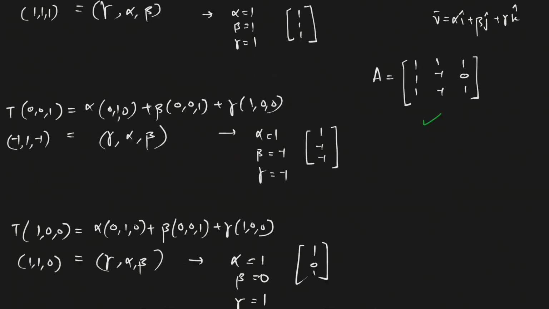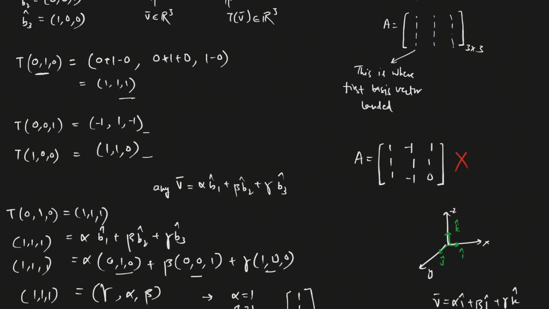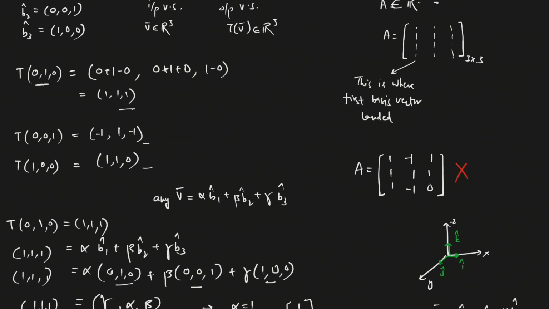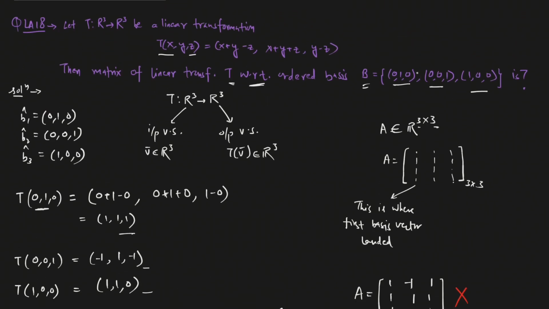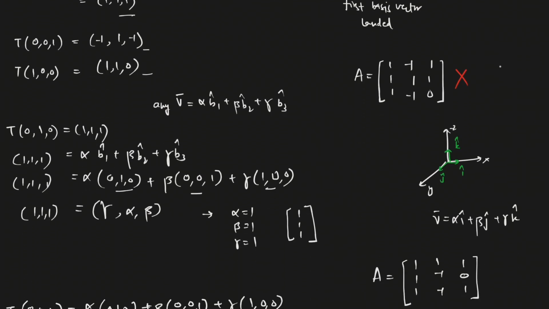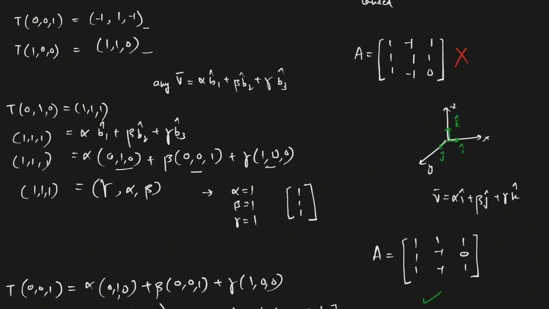Now if you see the first question, after applying the transformation, we further needed to write the transformed vector according to the ordered basis, because that ordered basis was for both the input and output vector spaces.